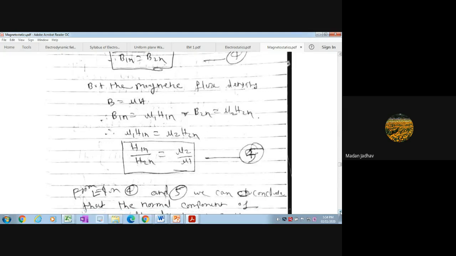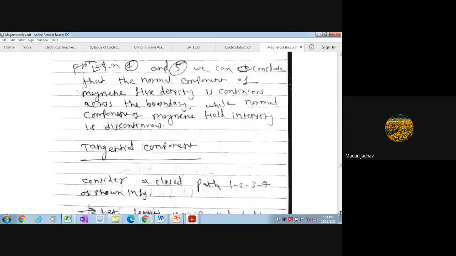Now we have to see the equation for the tangential component. Here H1t minus H2t is equal to K. This is the third equation of the magnetic boundary condition.